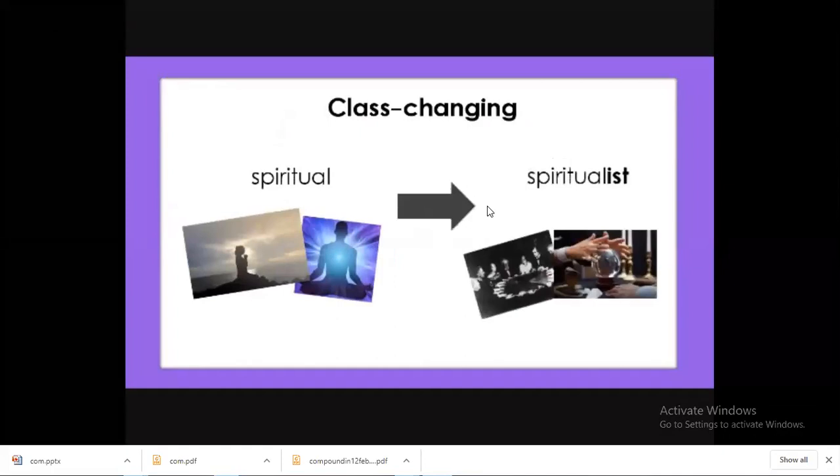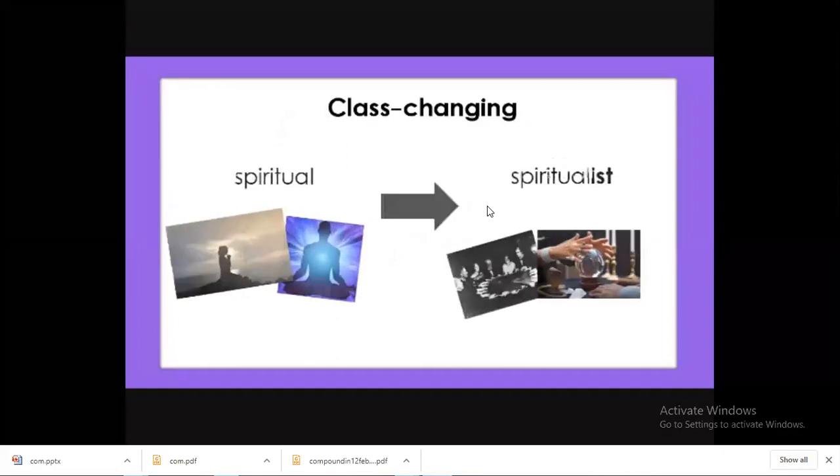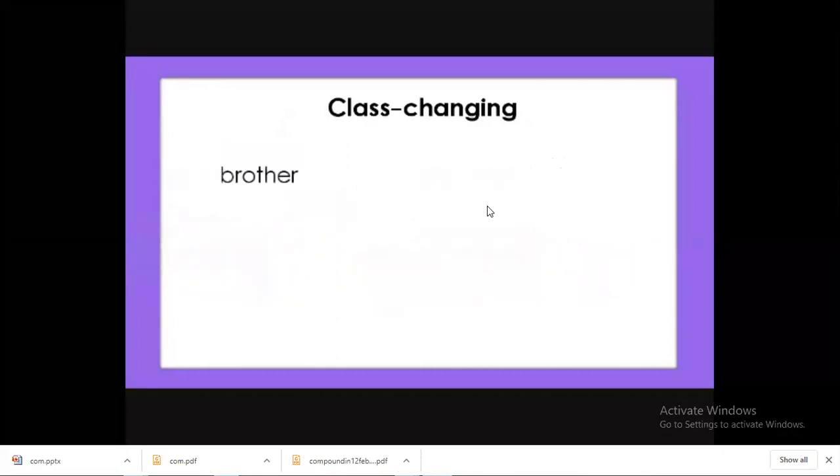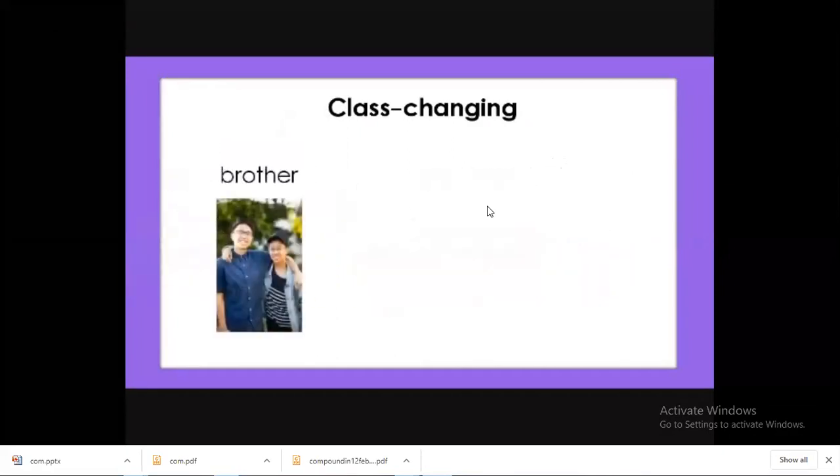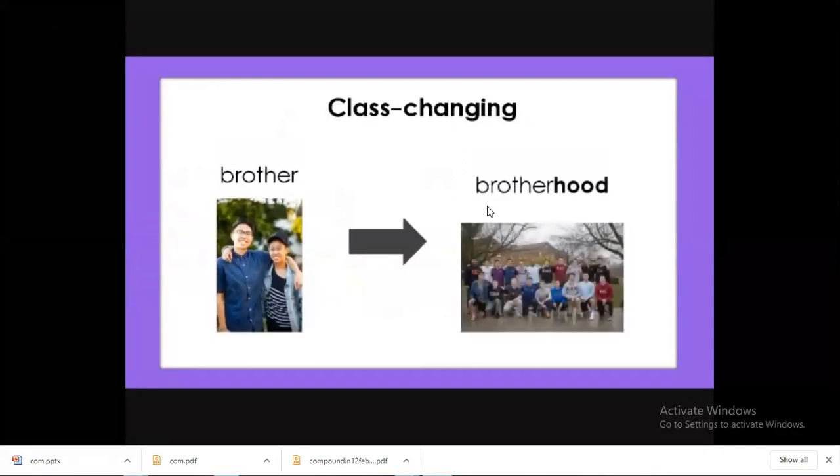Both are adjectives, but mean different things. Brother is a person who is related to you as part of your family, and brotherhood is a relationship between brothers or an association or community of people linked by religion or social status. They are both nouns, but they mean different things.